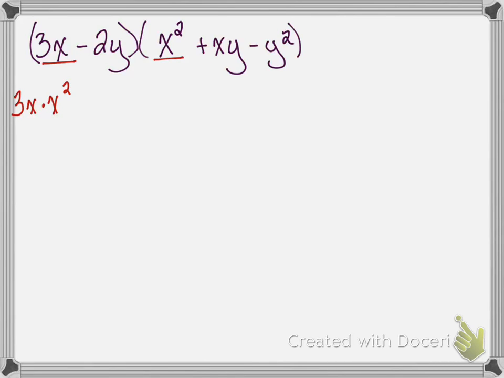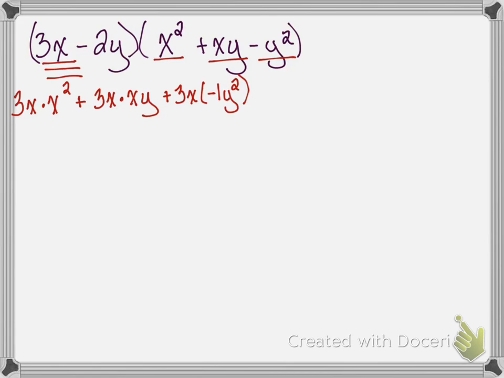Okay? 3x times xy. Three x times negative y squared. I'm going to put negative 1y squared there just to remind us.